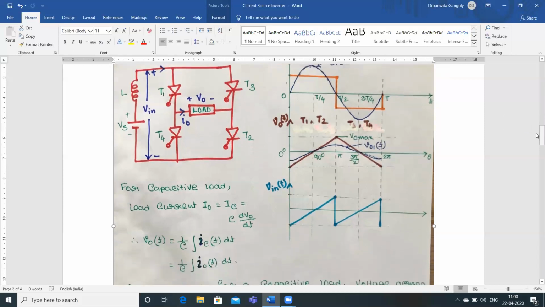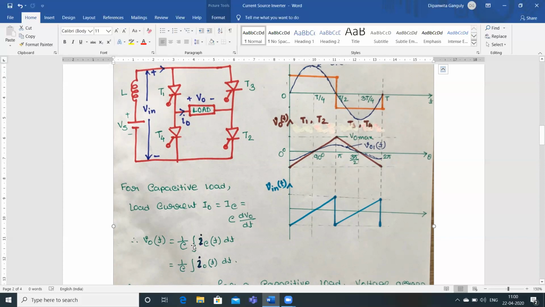Now this is the graph of output voltage. Because we have chosen a capacitive load, the output current, which equals the current flowing through the capacitor, is equal to C dV0/dt, where V0 is the voltage across the load.